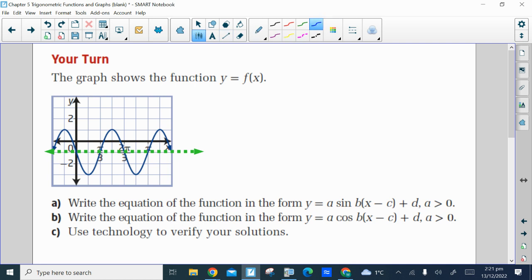That also gives us our d value, right? Our vertical displacement is down 1, so therefore d is negative 1.